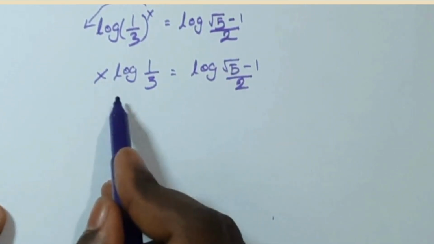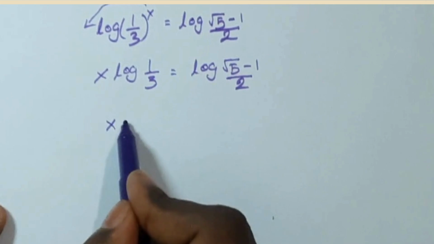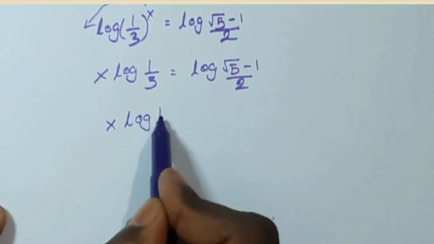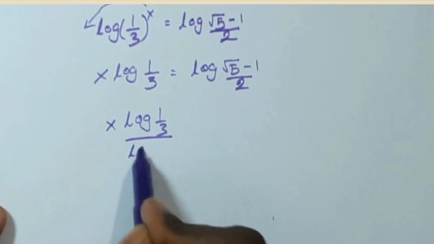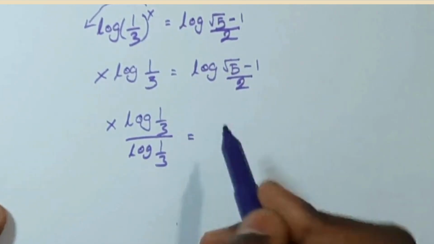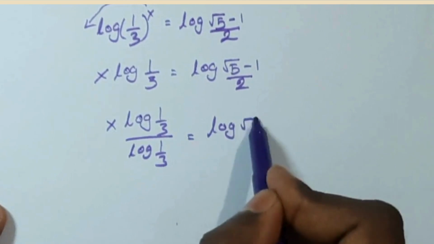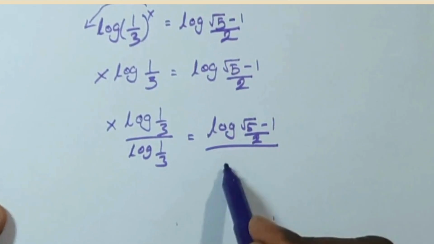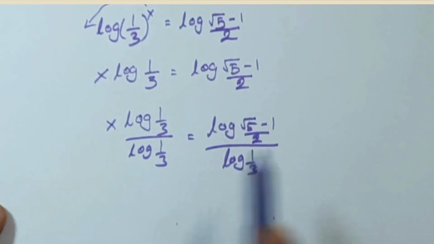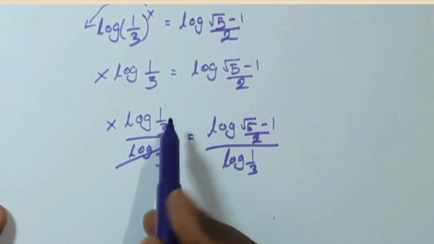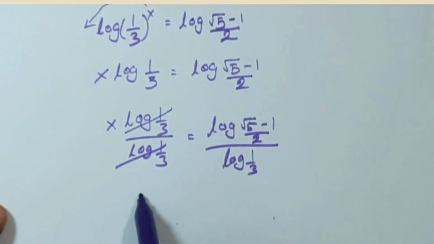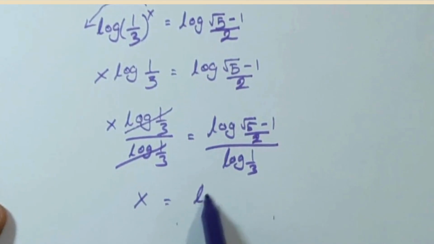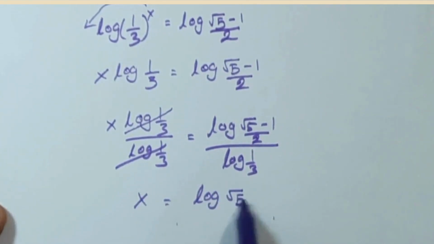Divide log 1 by 3 on both sides. So x log 1 by 3 by log 1 by 3 equal to log square root of 5 minus 1 by 2 by log 1 by 3. Log 1 by 3 cancels. So we have x equal to log square root of 5 minus 1 by 2 by log 1 by 3.